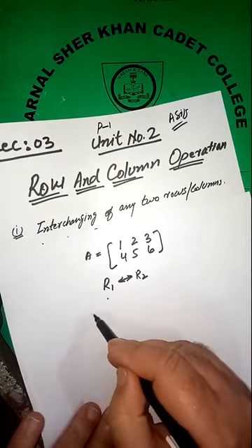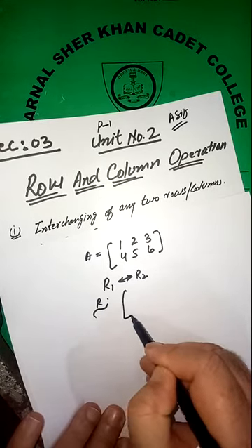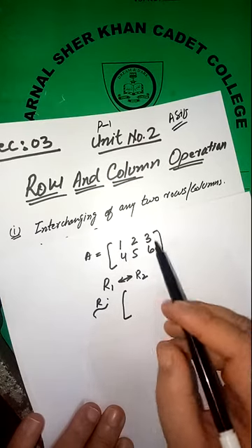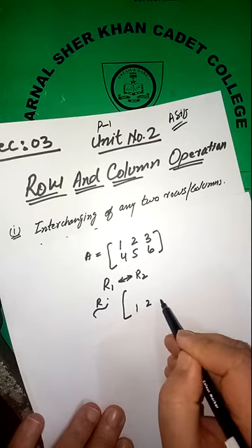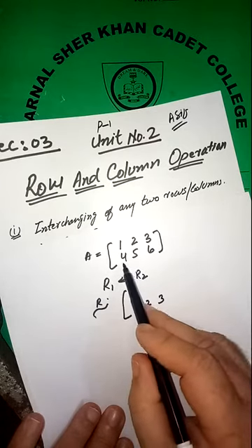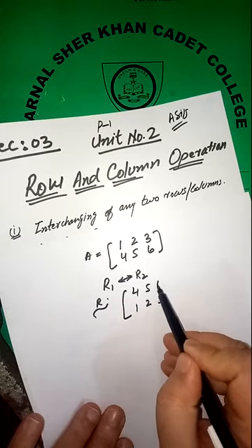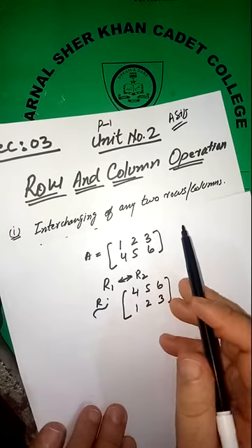This is a row operation. The elements of row 1 we replace by row 2, so that becomes 4, 5 and 6, and the elements of row 2 become row 1, that is 1, 2 and 3.